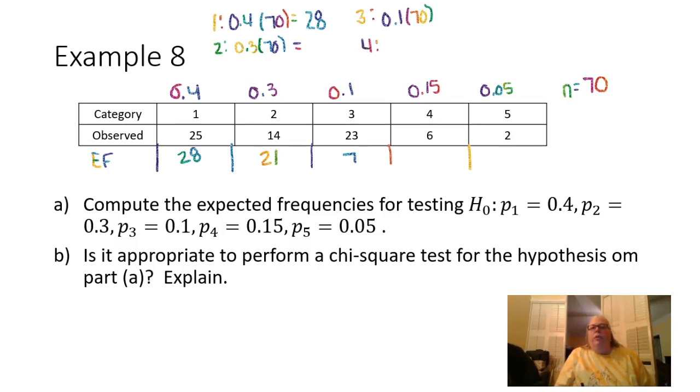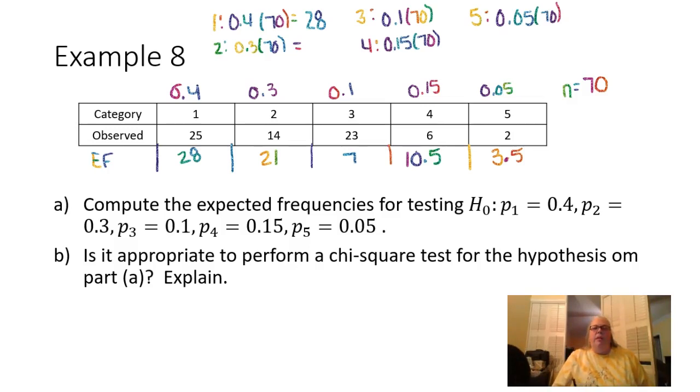For category 4, I'm going to multiply its probability times 70. And that's going to give me 10.5. And then for category 5, I'm going to multiply its probability, 0.05, times 70. And that is going to give me 3.5. All right, so all of our expected frequencies are down here along the bottom row.